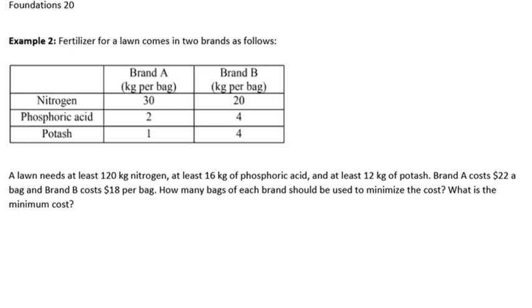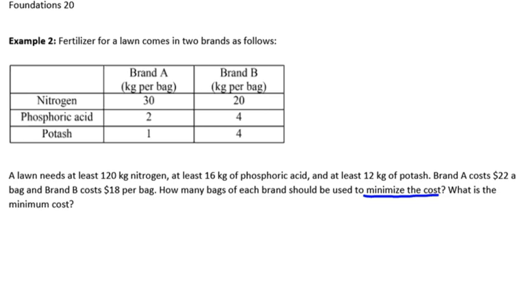A lawn needs at least 120 kilograms of nitrogen, at least 16 kilograms of phosphoric acid, and at least 12 kilograms of potash. If brand A costs $22 a bag and brand B costs $18 per bag, how many bags of each brand should be used to minimize the cost? So minimize, what is the minimum cost that we can have?